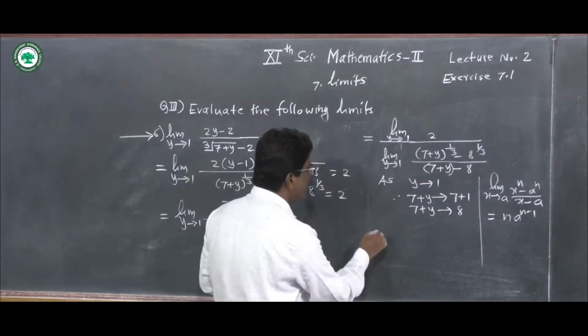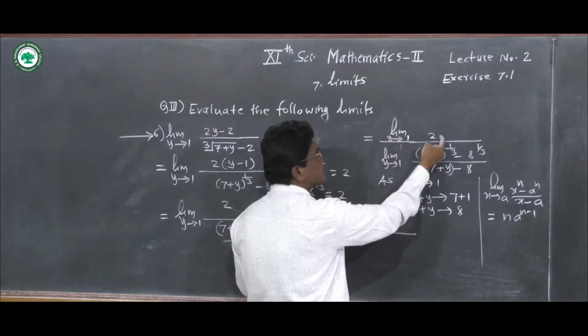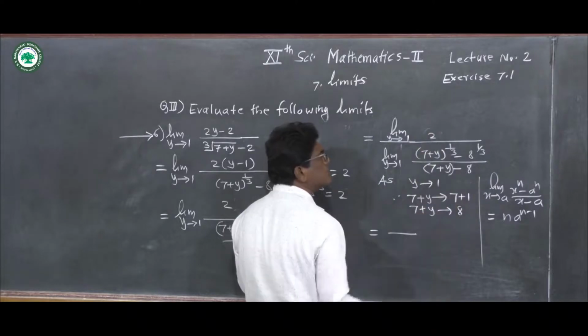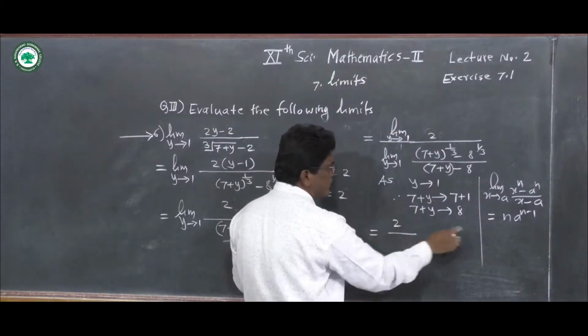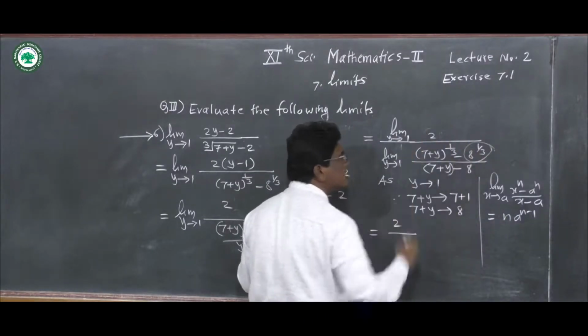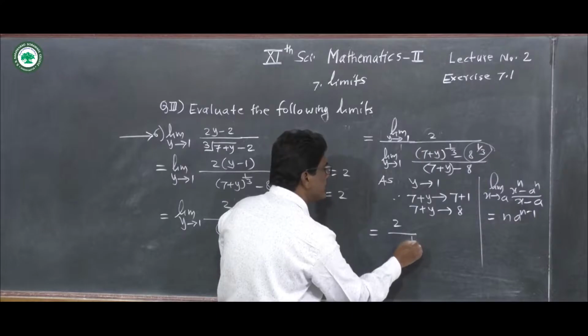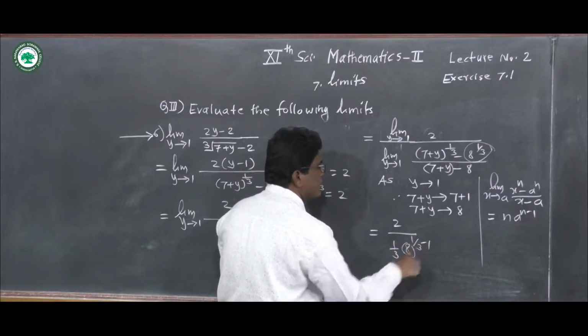Okay, so here in the numerator, limit y tends to 1 of 2, y is not present, 2 is a constant, so we write 2 as it is, and here we use the formula n into a to the power n minus 1. We are interested in this term, 8 to the power 1 by 3, so take 1 by 3 and minus 1.